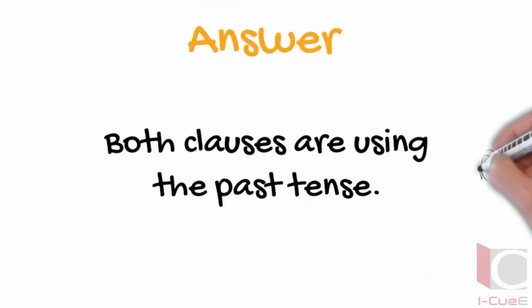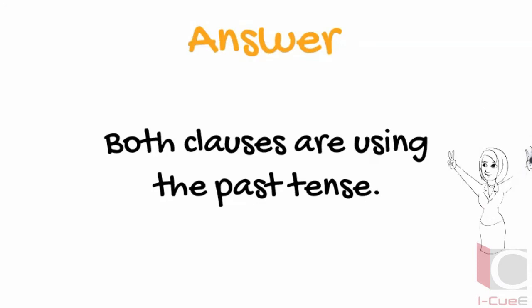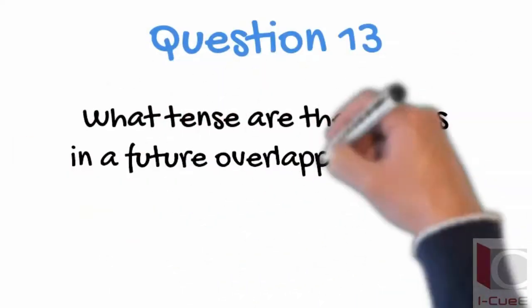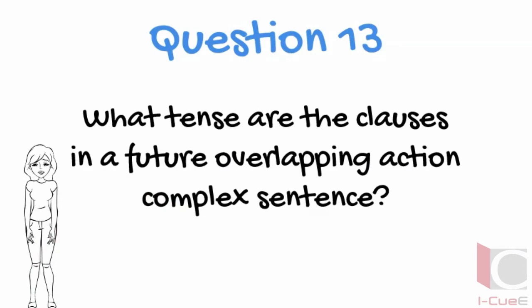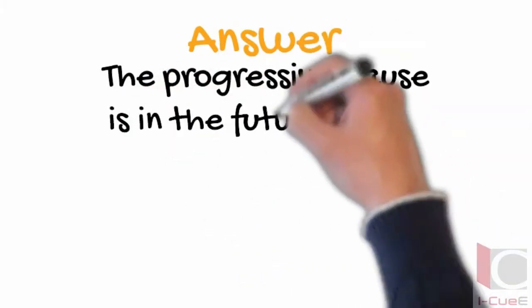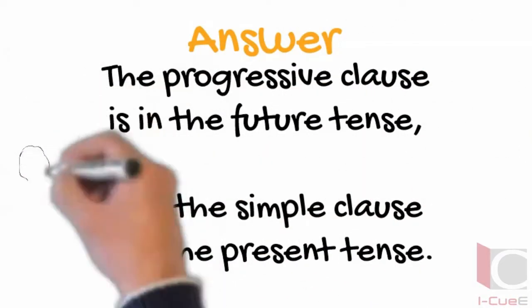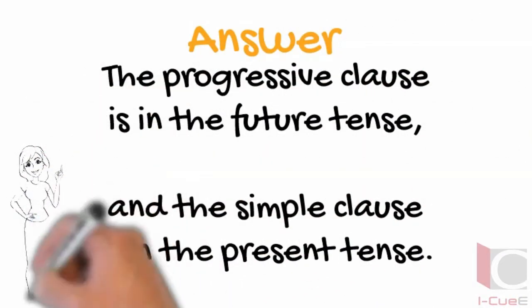Both clauses are using the past tense. What tense are the clauses in a future overlapping action complex sentence? The progressive clause is in the future tense, and the simple clause is in the present tense.